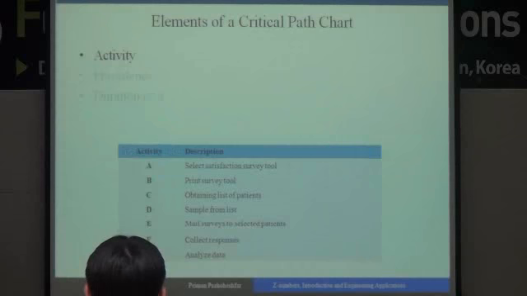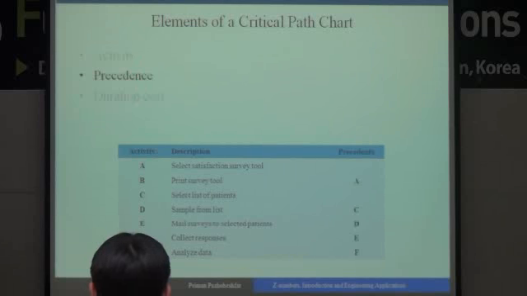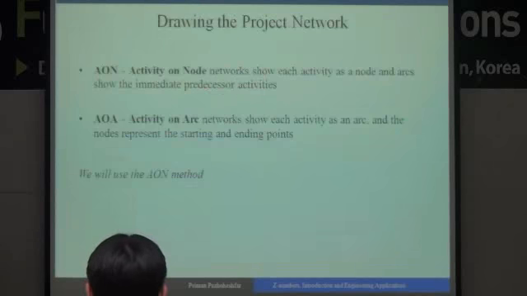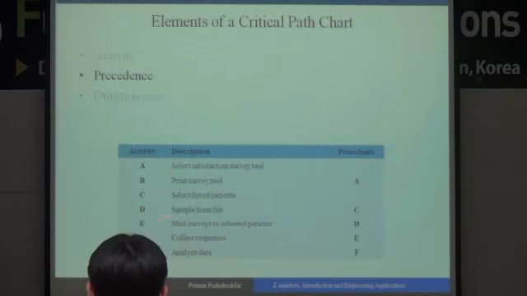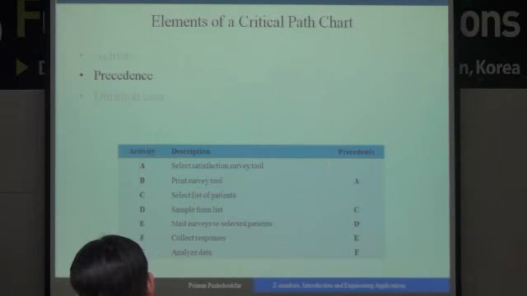For drawing a project network, we need three elements. First is activities, and next is precedence. For example, we should determine that each activity has one, or maybe two or three precedents, and in CPM we don't use overlap in the activities.